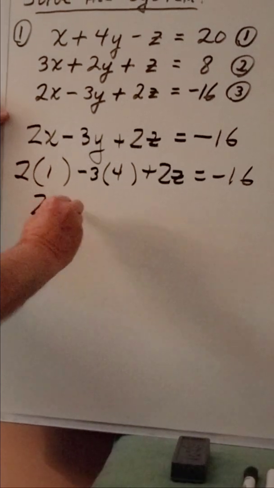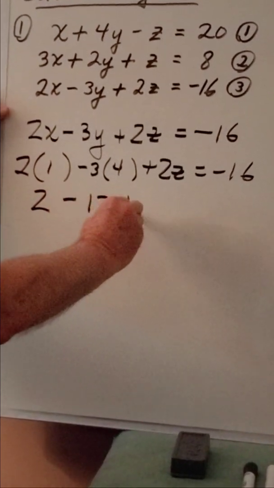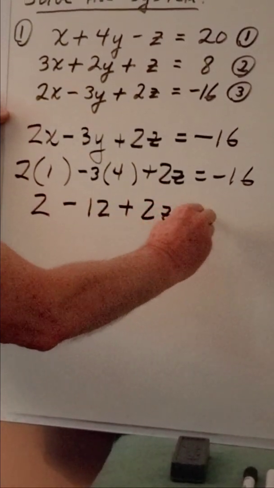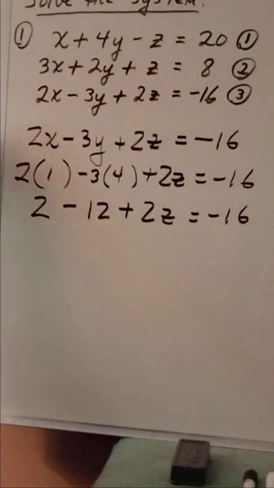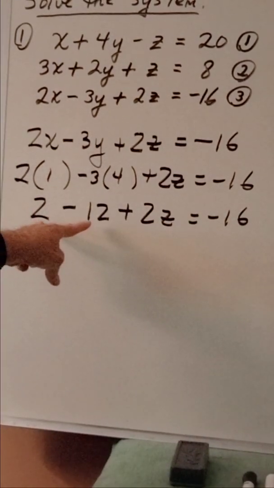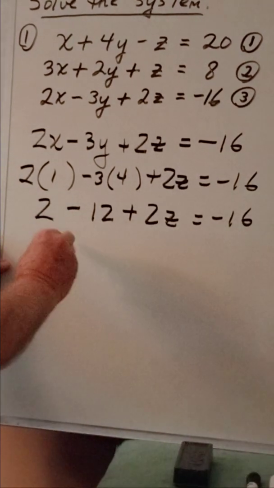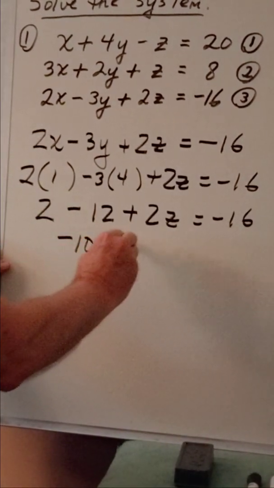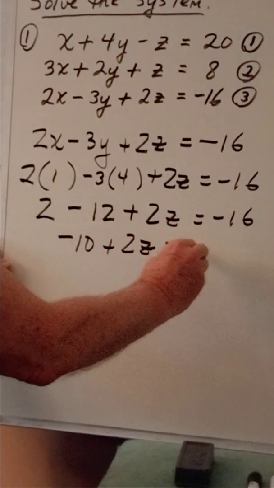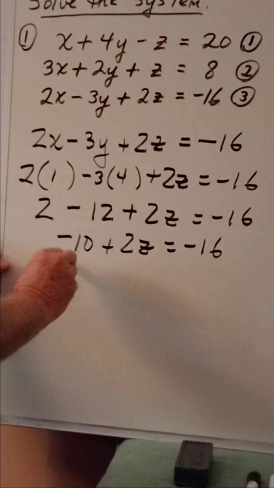Positive 2, negative 12, positive 2z is equal to negative 16. Combine like terms. They're like. Negative 10, positive 2z is equal to negative 16.